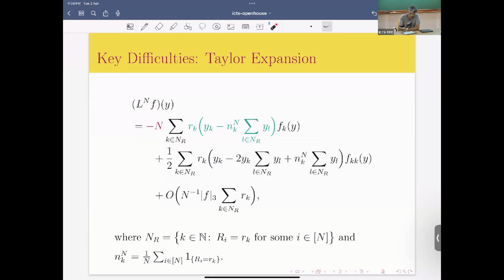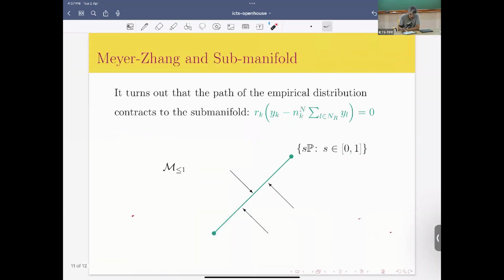But what's cool about it is that this term vanishes if the process lives on the submanifold where these coefficients are zero, where the nk are just the fraction of people with rk and so on, and y is the same as I by n. So the process will contract to a manifold, but every now and then it will jump out of the manifold, for an exponentially small amount of time, and then quickly come back inside to the space.